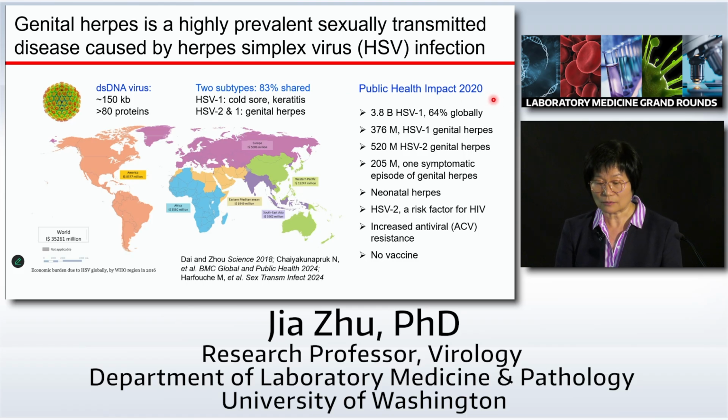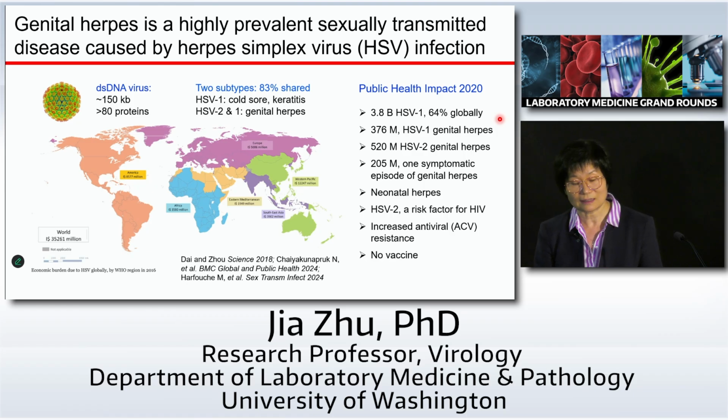As of 2020, 2/3 of the global population are infected with HSV1, and 10% of them have HSV1 genital herpes. More than 520 million people are living with HSV2 genital herpes.